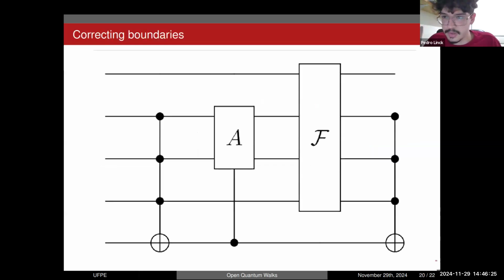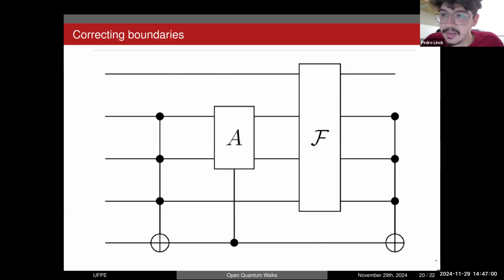And to move the final state again from 1 to 0, we apply the C-NOT again. So we correct the right boundary. The left boundary is the same thing, but we change these filled dots for open dots. So when it's 0, 0, 0, you apply the successor, then you do your thing, and then apply this gate again. So this is the way that we can correct the boundaries.